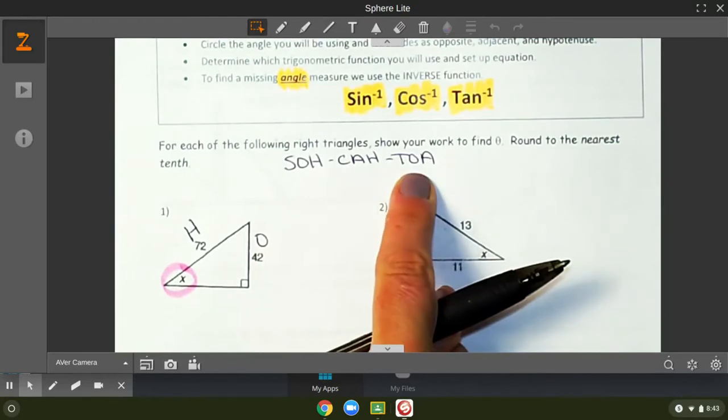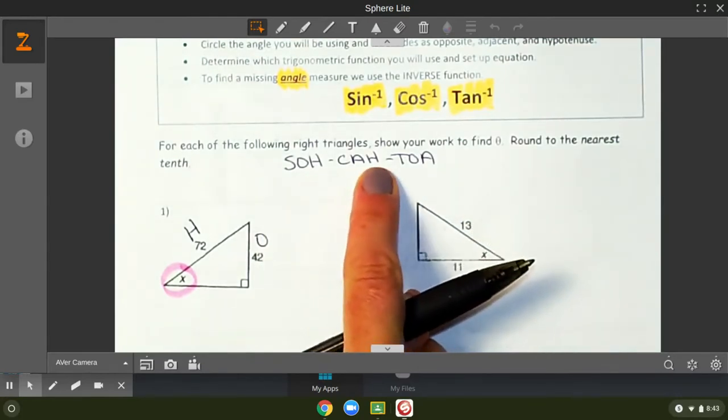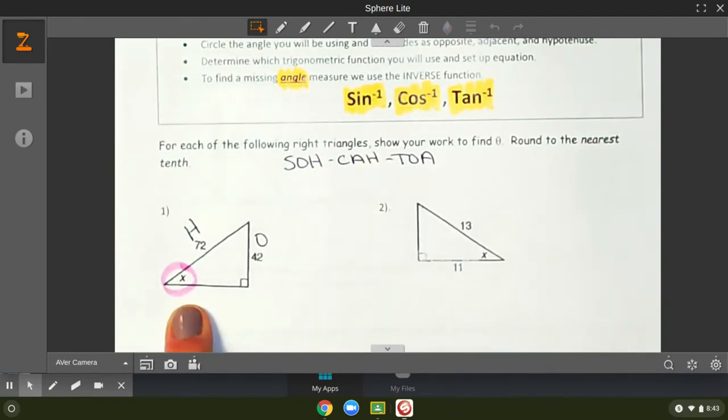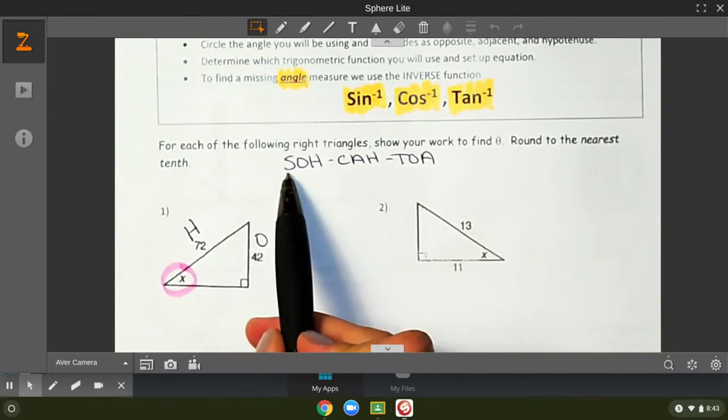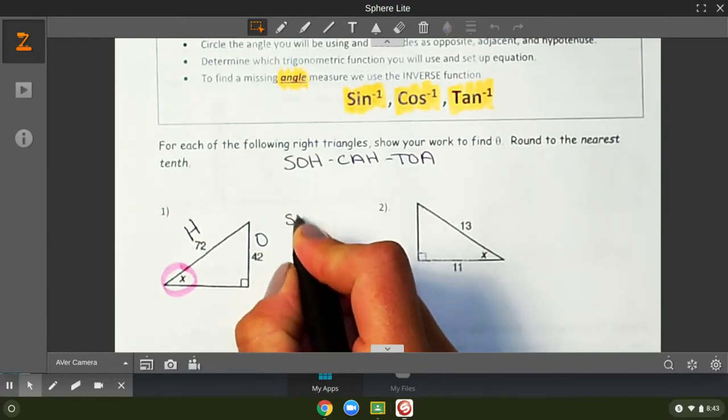Sine, cosine, tangent, and then opposite over hypotenuse goes with sine, adjacent over hypotenuse with cosine, and opposite over adjacent with tangent. Looking at what we have here, we have opposite and hypotenuse, which means we're going to use sine.